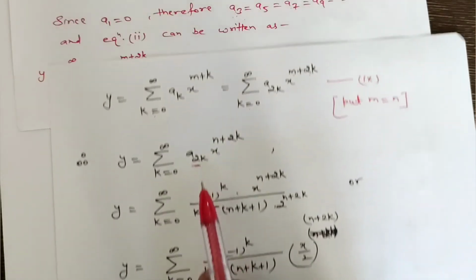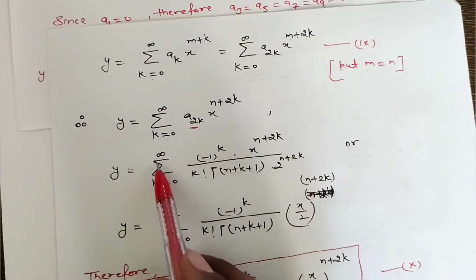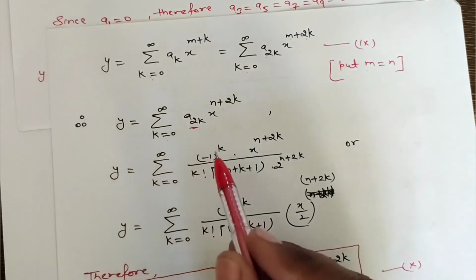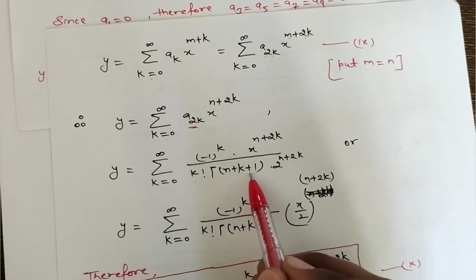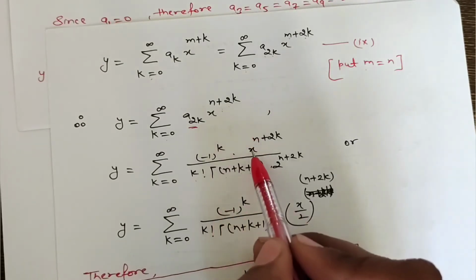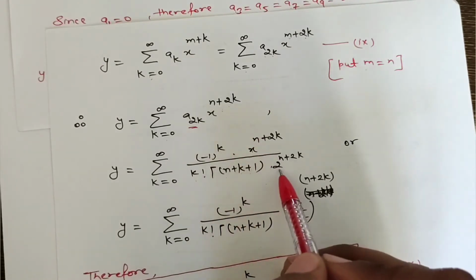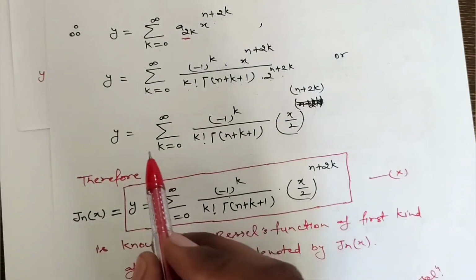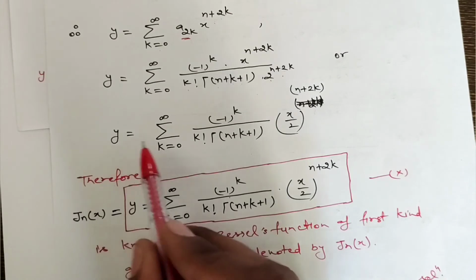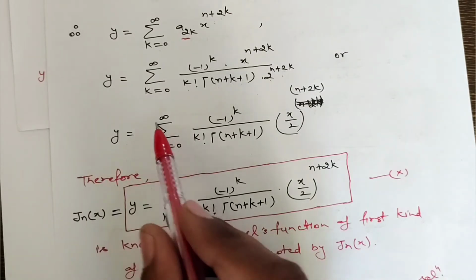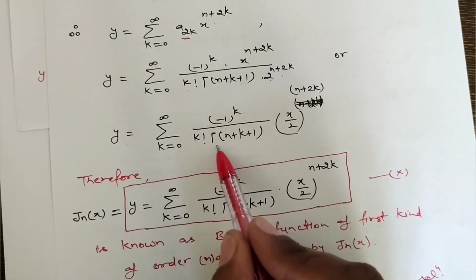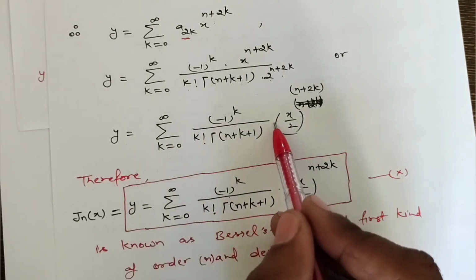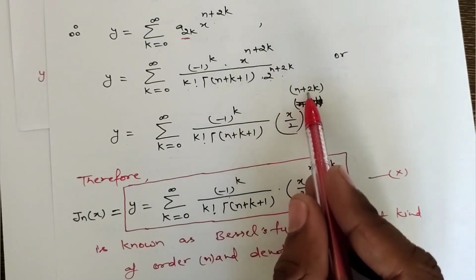Now we have to put the value of a2k in this, and the value of a2k that we solved is this: summation over k going from 0 to infinity, minus 1 raised to power k over k factorial gamma of n plus k plus 1, into x raised to power n plus 2k, and this is 2 raised to power n plus 2k. And this can be combined to write y as summation over k going from 0 to infinity minus 1 raised to power k over k factorial gamma of n plus k plus 1 into x by 2 raised to power n plus 2k.